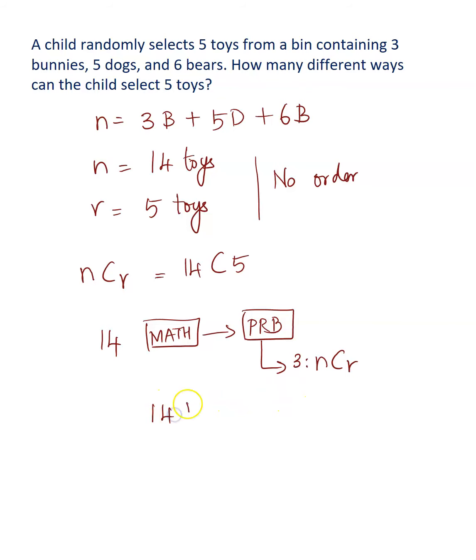So we'll have 14 nCr, and then you have that number blinking. So go ahead and enter the 3. Sorry, not 3, it is 5. 3 was for the previous problem.